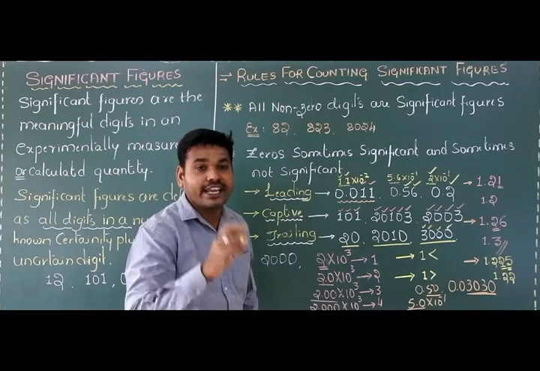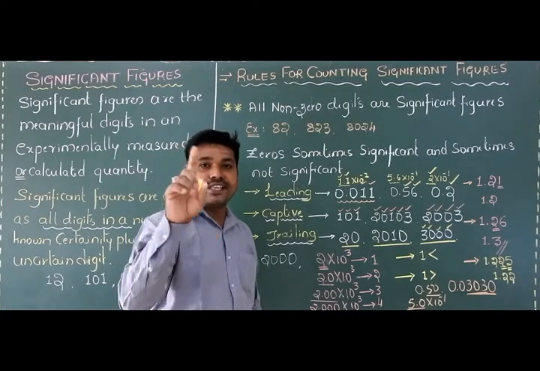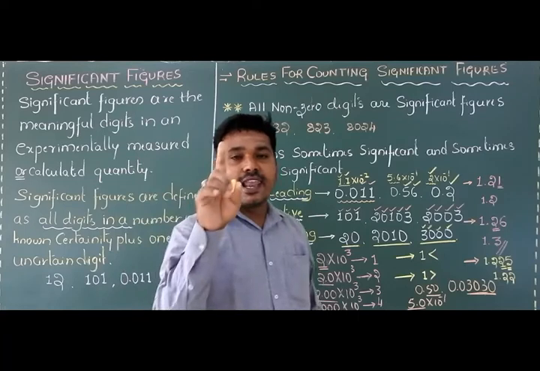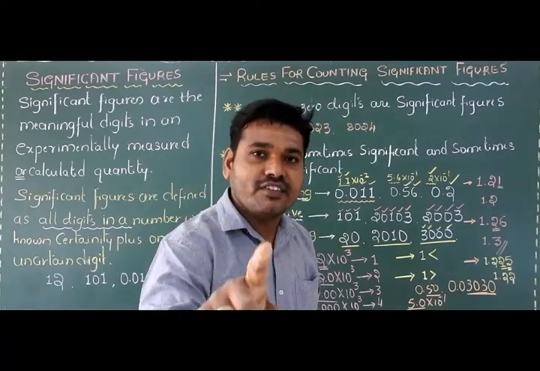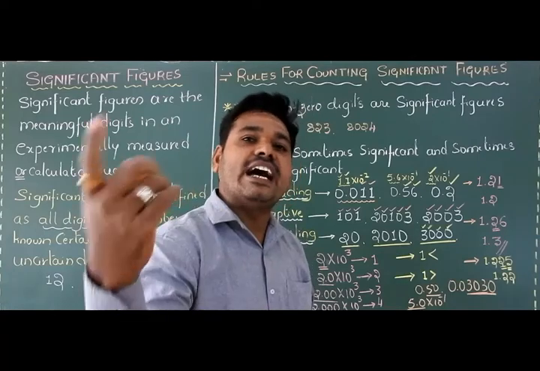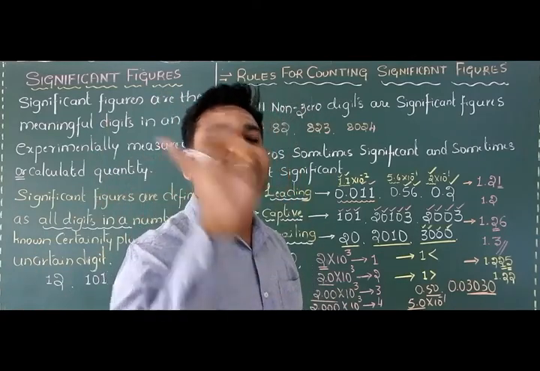Please listen this point carefully. If the number is equal to 5, the last significant figure is left unchanged if it is even.